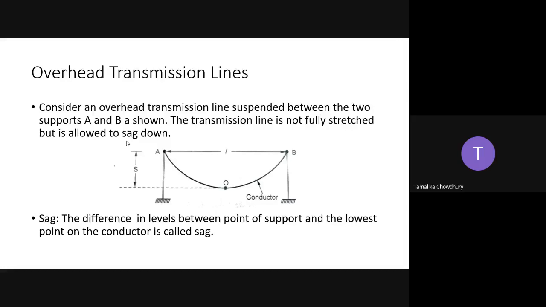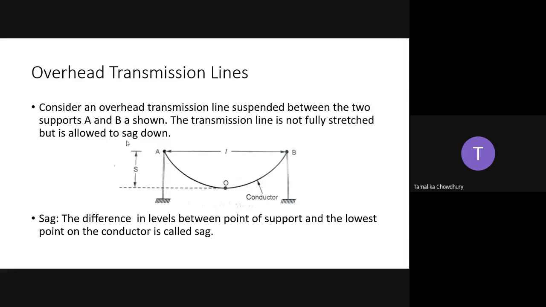What else force is acting vertically, not horizontally? Gravitational force. Yes. Gravity means what? Weight. Gravity means the weight only, na? Weight of the conductor. So weight per unit length will be the other force.